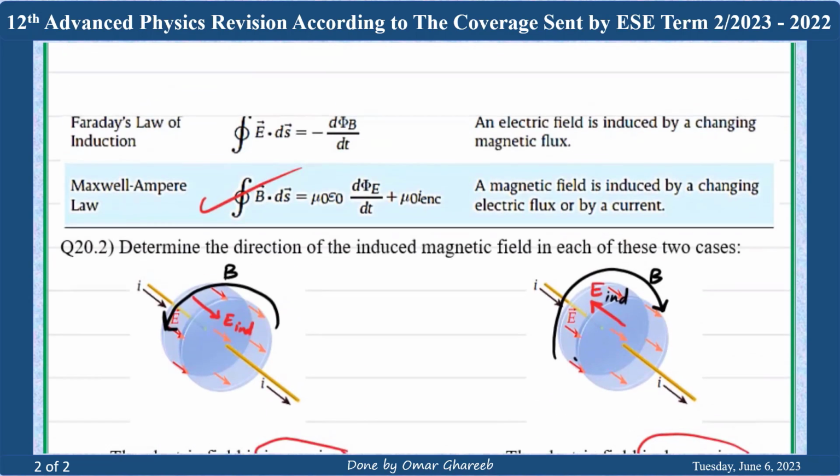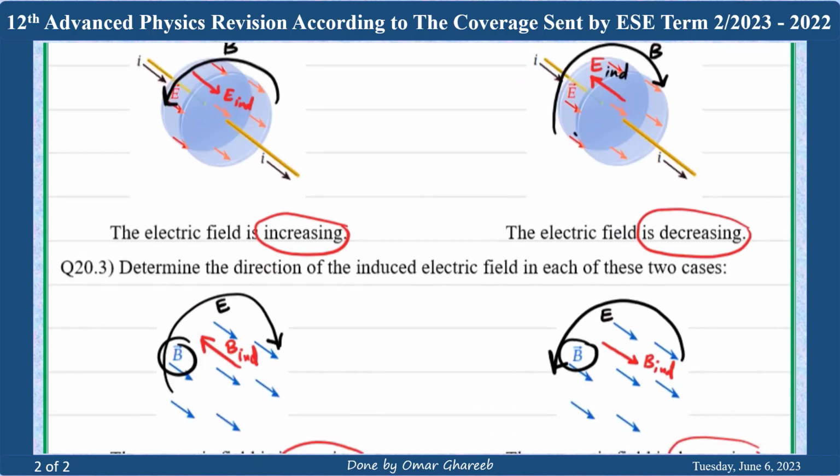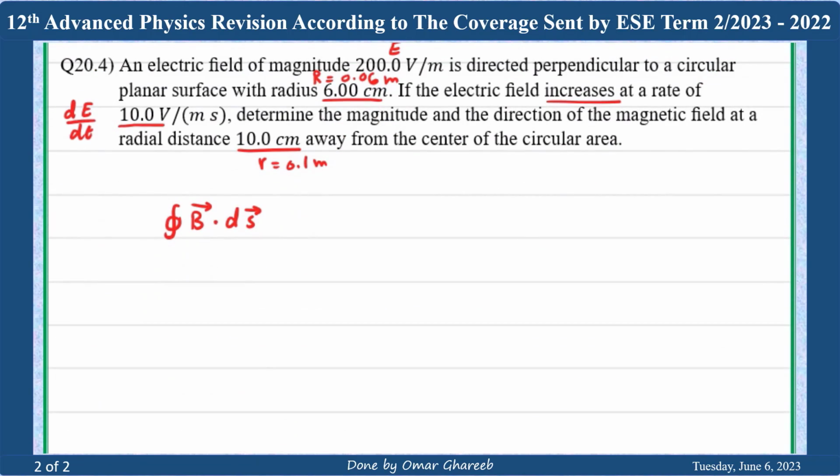We will go with the last equation. This is the equation that gives the magnetic field because of the change in the electric field. Maxwell-Ampere's law says mu naught epsilon naught d phi E by dt plus mu naught I enclosed.